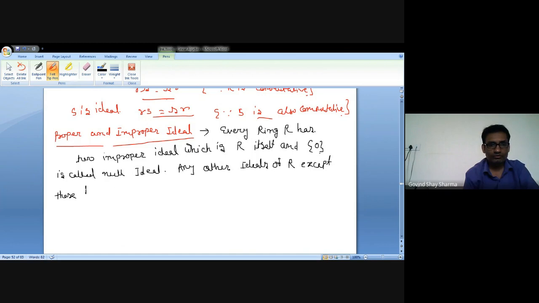Those two ideals are improper, and any other is called a proper ideal.